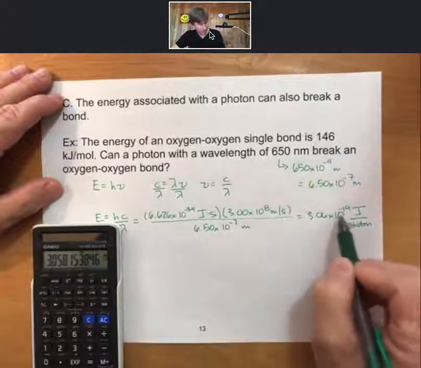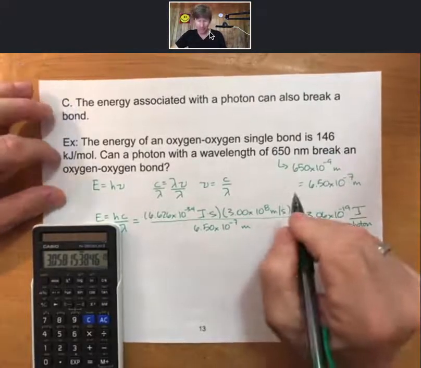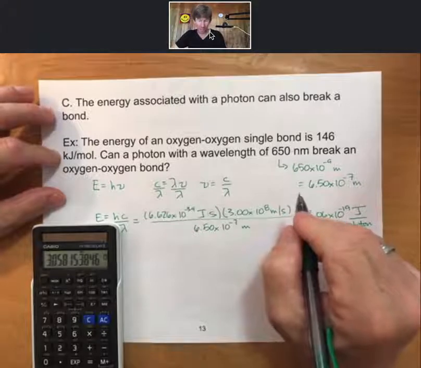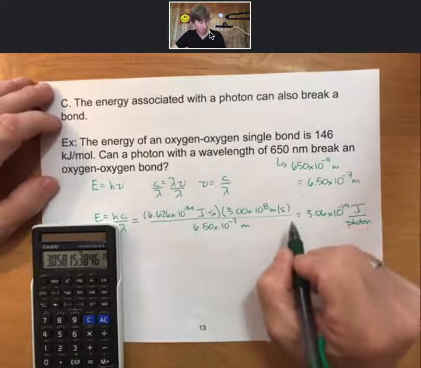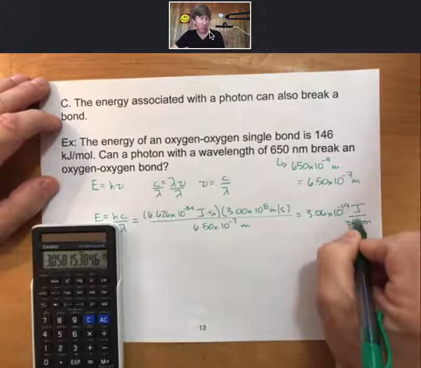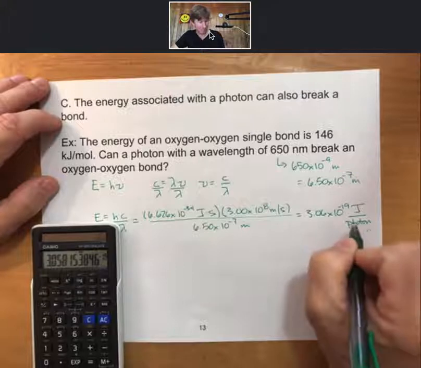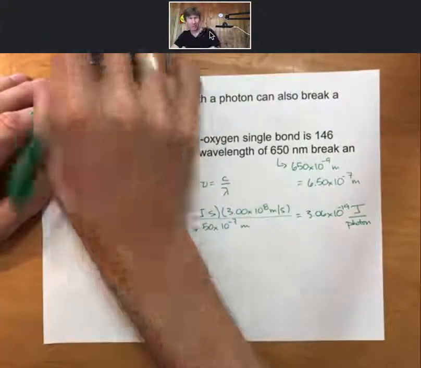So that's how much energy is in a photon. We know that it takes 146 kilojoules per mole, and that's per mole of oxygen-oxygen single bonds. What we next need to do is find out how much energy is stored in 1 mole of photons to see if they can break 1 mole of oxygen-oxygen bonds. At least that's the approach we're going to take.